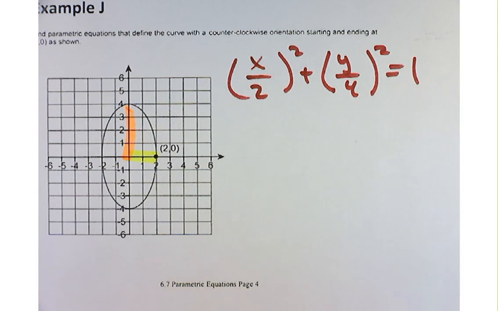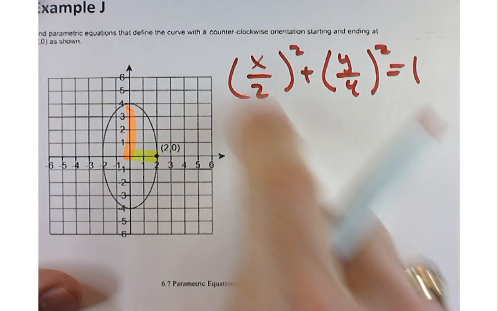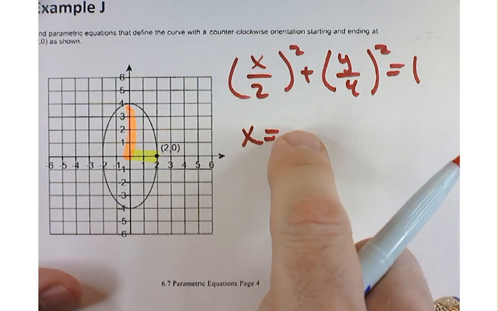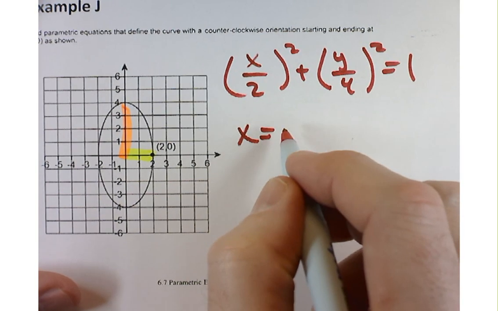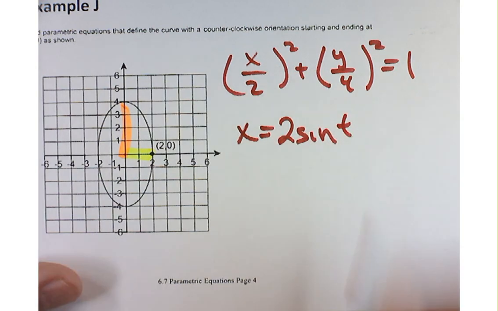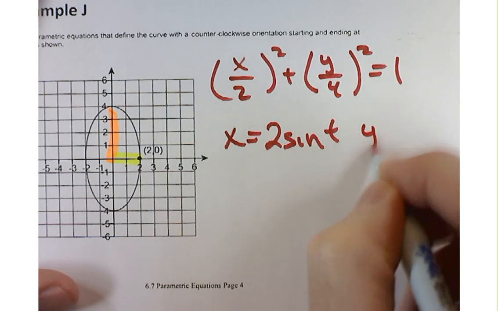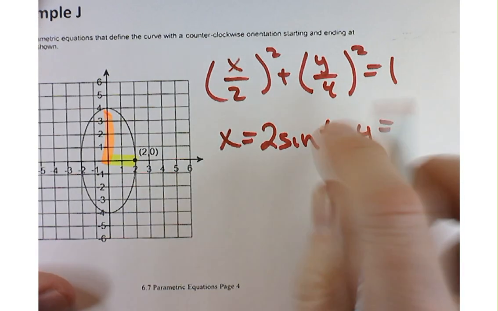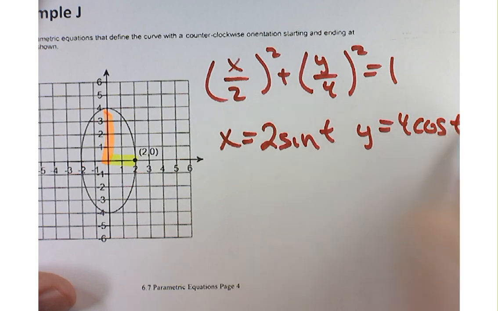So let's try and think about this. What could I put in the numerator of this so that when I divide it by 2, I end up with either a sine or a cosine? 2 sine of t. All right, that'll work. And for y, I have to put in y equals 4 cosine of t. Beautiful.